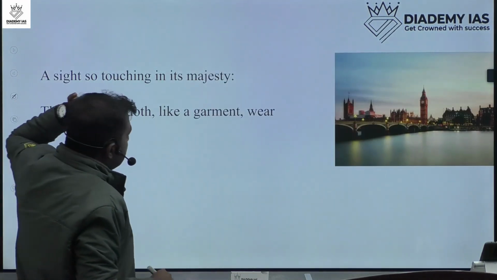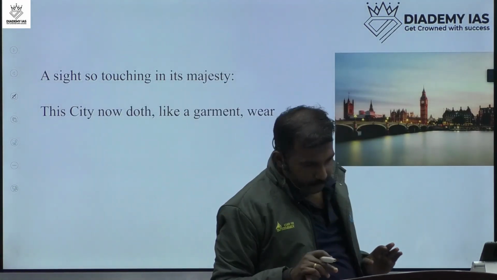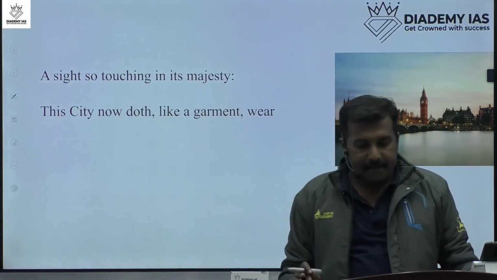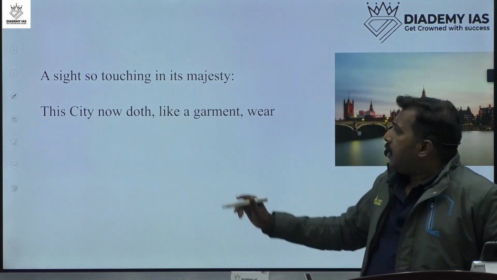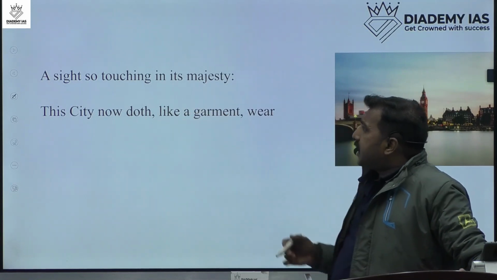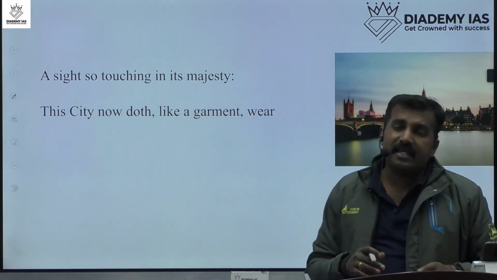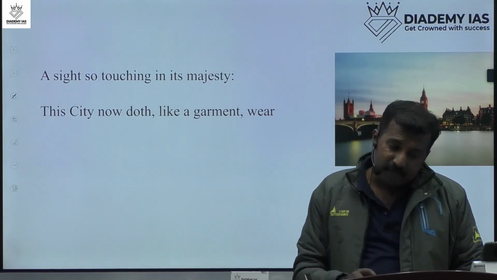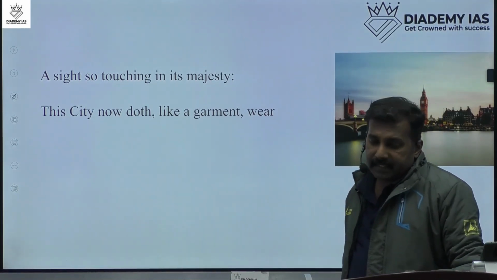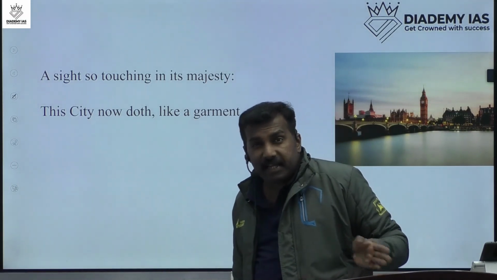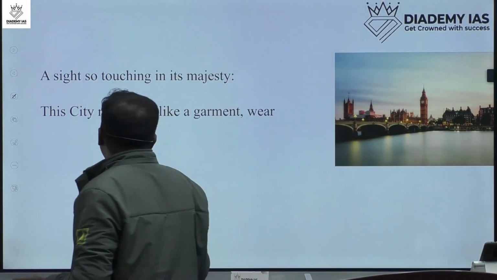Then in the third and fourth lines of the poem, the poet says about a sight so touching in its majesty. What is majesty? Majesty means impressive beauty, very beautiful, right?